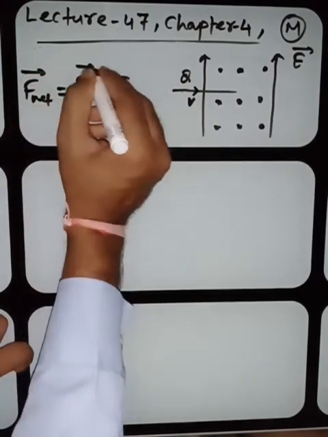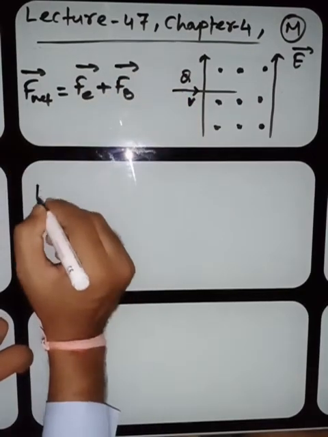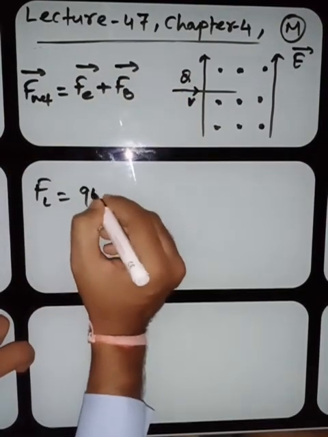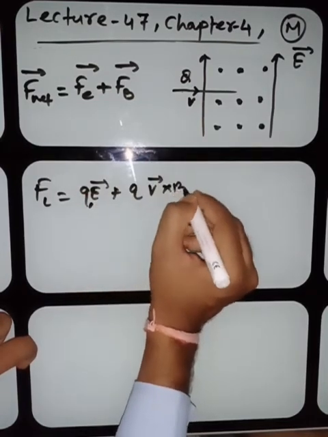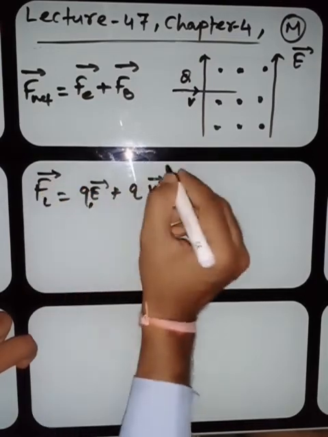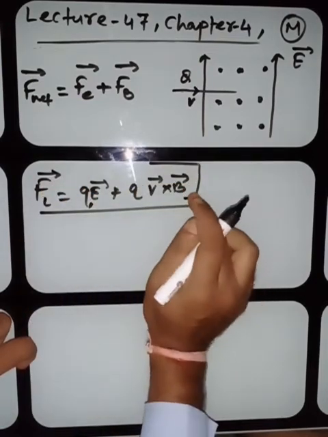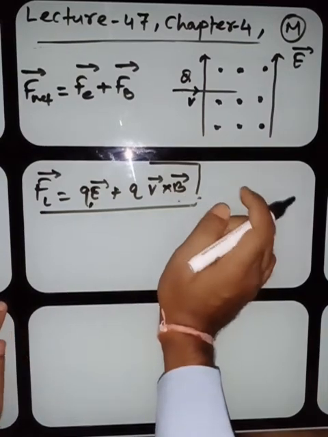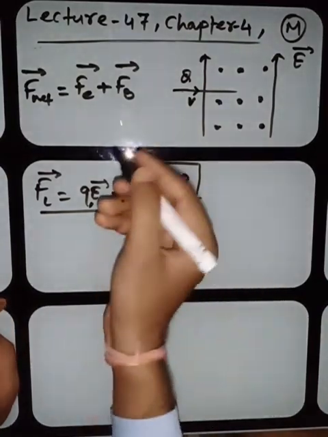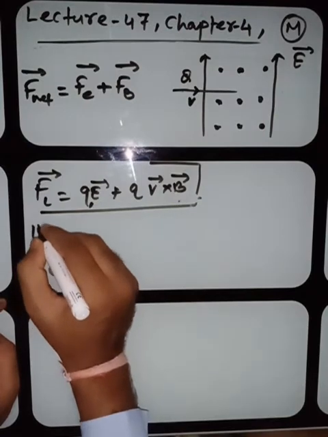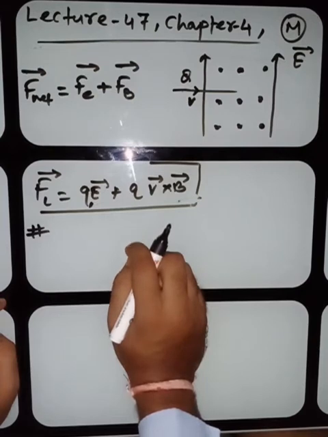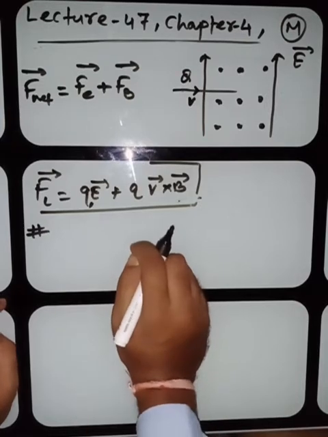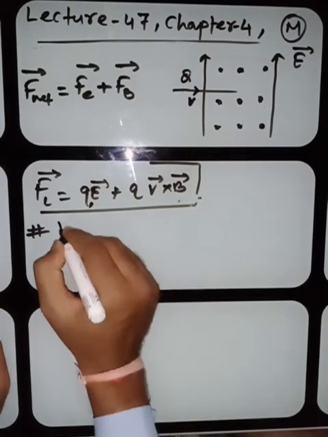This is the Lorentz force, which can be written as qE plus qv cross B. Very simple. I hope you understand. One application of this Lorentz force we will study today, which is very, very important and asked several times in your board examination, is the velocity filter, or velocity selector.